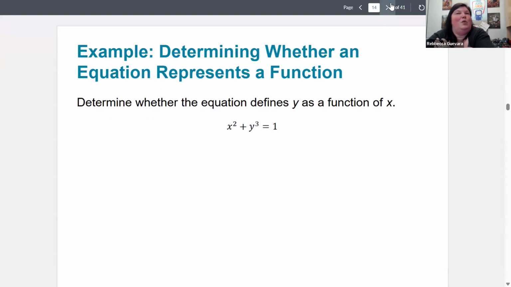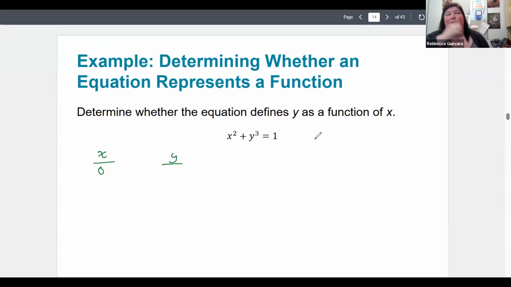Here I have x squared plus y cubed equals 1. We'll do a similar thing. Well, what if x was equal to 0? What would y have to be? Well, let's see. If x equals 0, then I'm going to have 0 squared plus y cubed equals 1, which means I have y cubed equals 1.